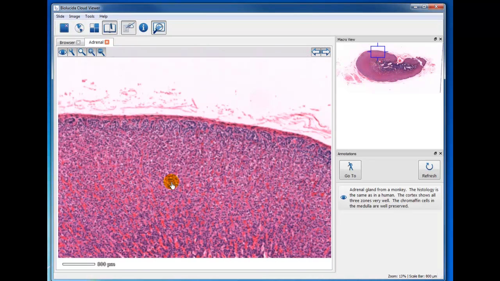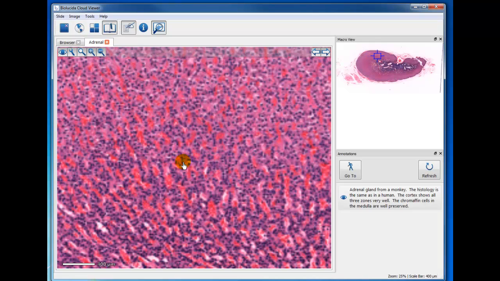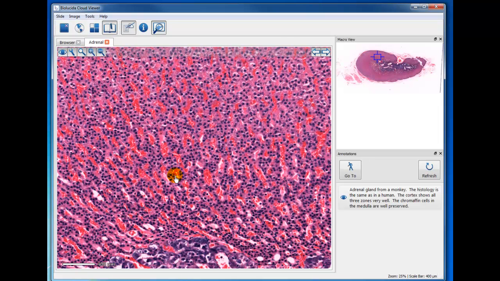And then the third zone, the reticularis, these cells produce androgens that are converted to fully functional sex hormones in the gonads and other target organs in the male and the female.